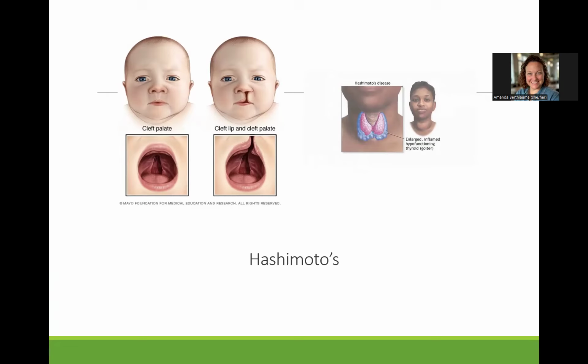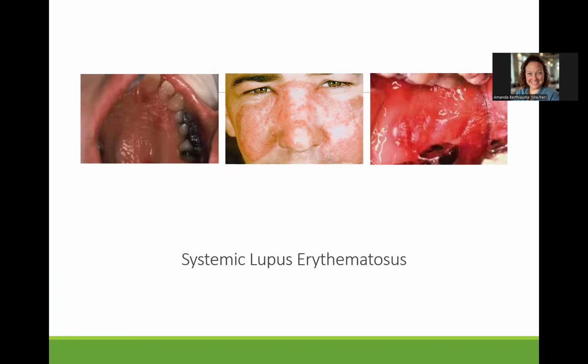Hashimoto's is another thyroid disorder. Folks that have Hashimoto's might have infants with a higher risk for cleft lip or cleft palate. They have an enlarged, hypofunctioning goiter, right, thyroid, so underfunctioning. There are a lot of folks with this diagnosis, and it's increasing and increasing.